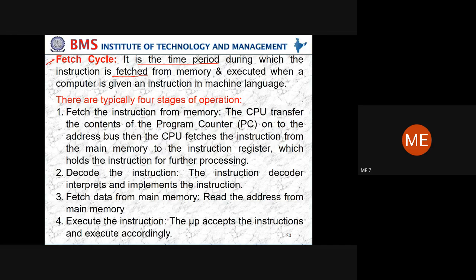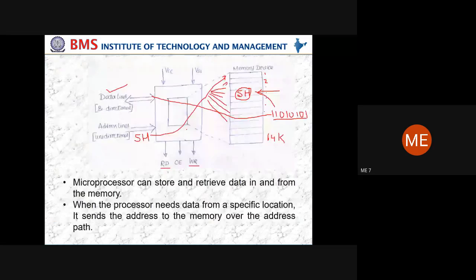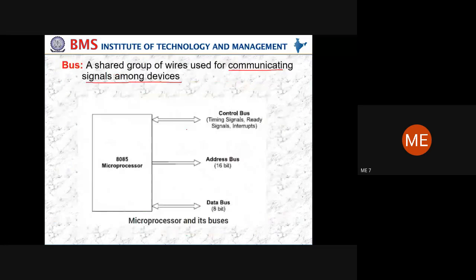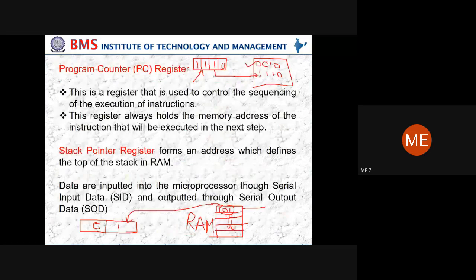What does this mean? The CPU transfers the contents of the program counter onto the address bus. First, let's understand what is present in the program counter. If you remember, in the last class we discussed the program counter register.